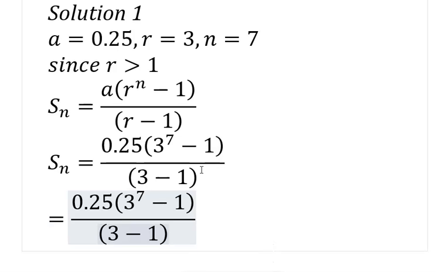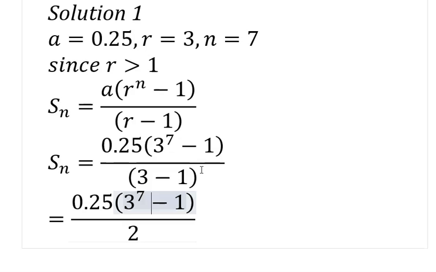So with this, 3 minus 1 will give us 2. Awesome. Now the next thing for us is to say 3 raised to power 7. That is 3 times 3 times 3, multiplied over 7 places. That's the meaning of 3 raised to power 7.